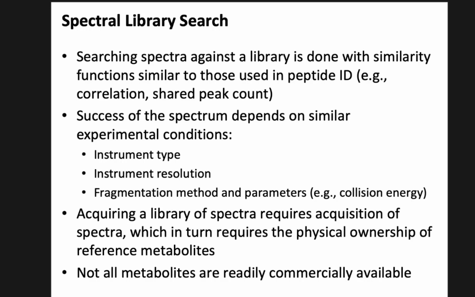But there's one fundamental flaw. With peptides, if you really want to get a reference spectrum, you can just synthesize the peptide. You order it in China, a couple of days later, $50, you got your peptide. Very straightforward. Synthesizing arbitrary compounds, that is not so easy.